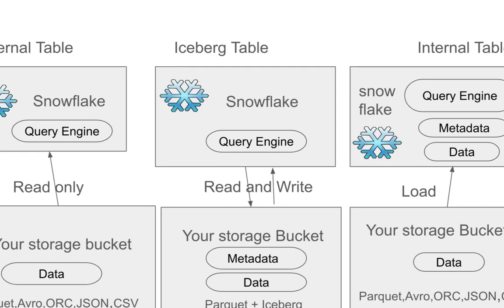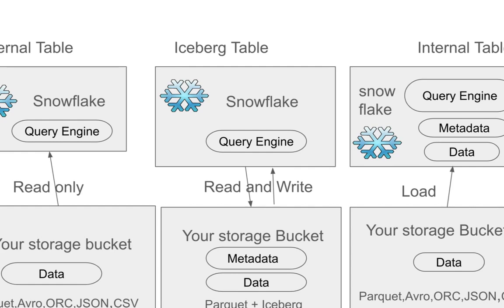So even though it maintains the metadata, it doesn't do any operations, or it can't modify the data on the storage. And since there is a network overhead when you have external tables in Snowflake, there will be slow performance. So it would not be fast enough.